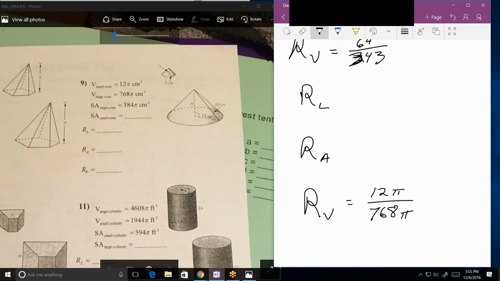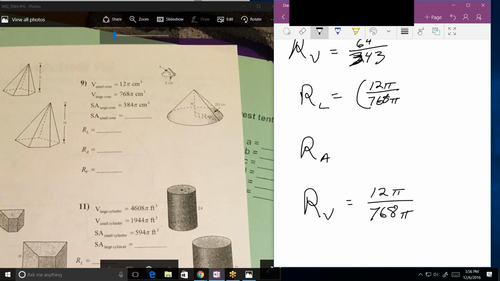What is R sub L? It would be 2 pi to... Where are you getting that from? I have no clue, actually. Remember that R sub L is going to be the cube root of this ratio. Oh, yeah. So it's basically going to be 12 pi over 768 pi.